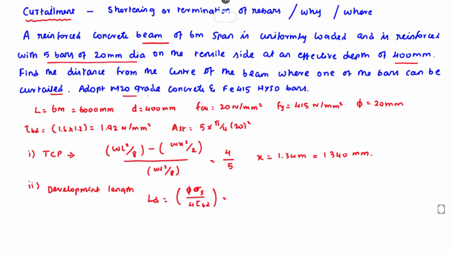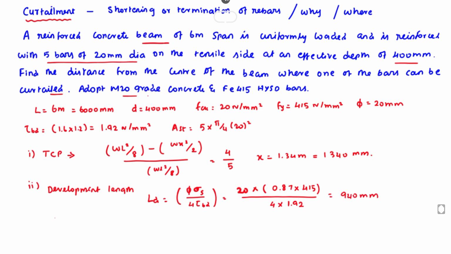These all come under IS 456. Here phi is 20 mm, sigma s equals 0.87 into fy, that is 0.87 into 415, divided by 4 into tau bd, where tau bd is 1.92. Solving this, we get the value of 940 mm.